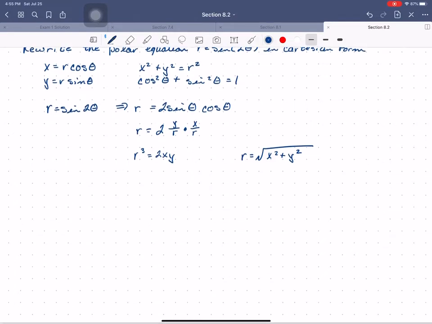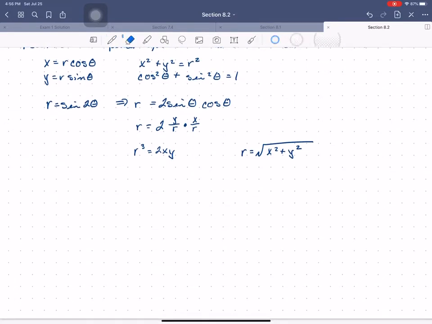Right? So what I have is that, and this is the same thing as x squared plus y squared to the 1/2 power. So r to the third is x squared plus y squared to the 1/2 power raised to the third power.